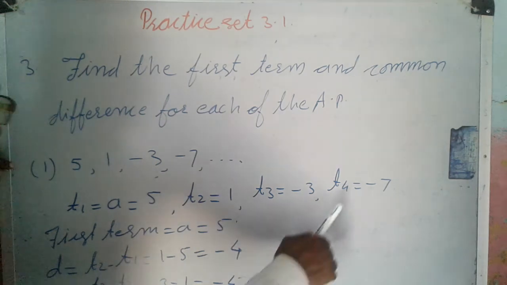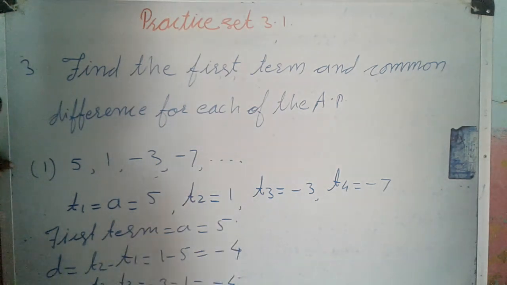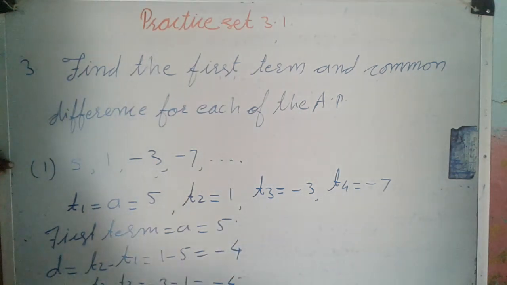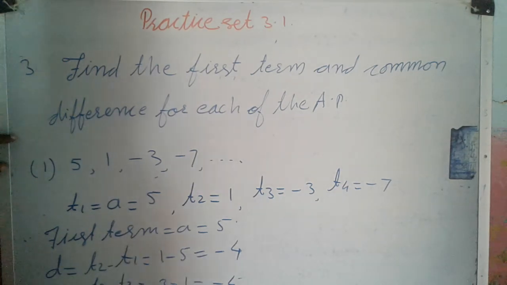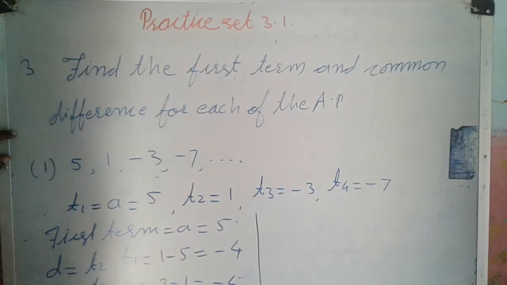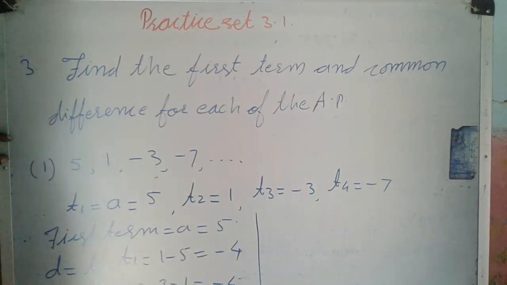Or if you take T4 minus T3, minus 7 minus 3, that means minus 7 minus 3, you get minus 4.